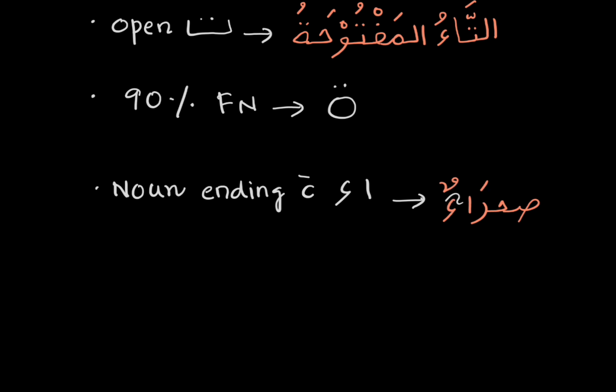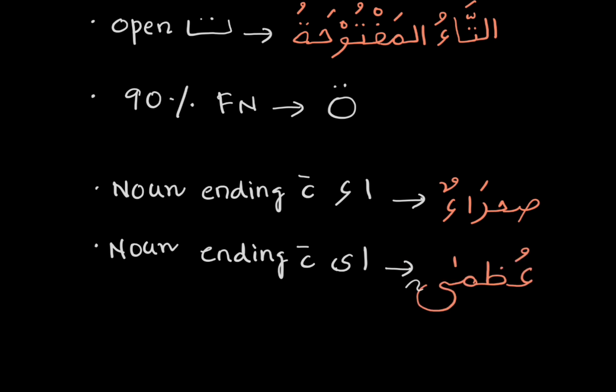But there are some exceptions in this. Nouns ending with alif and ya are known as alif maksura, for example uzma. Here this word ends with alif maksura, and the other ends with alif mamduda.